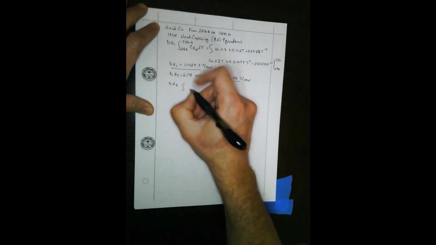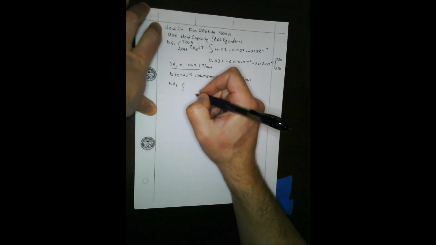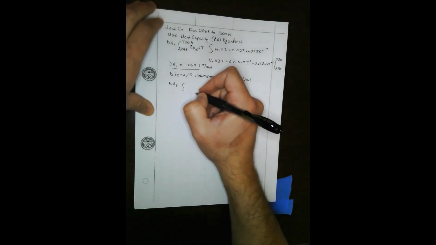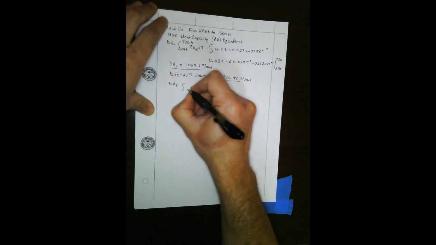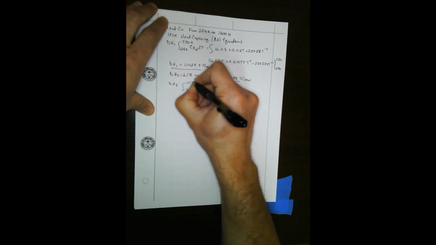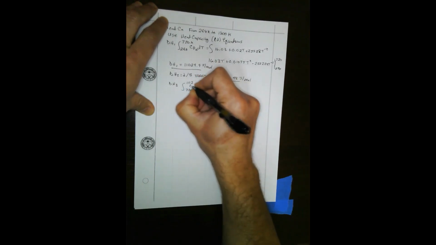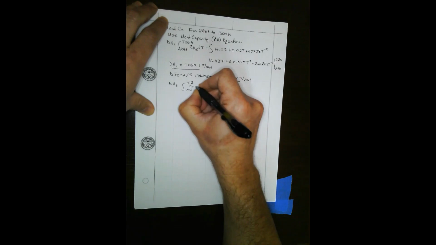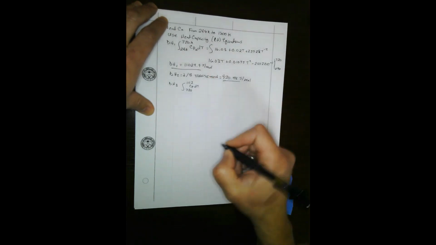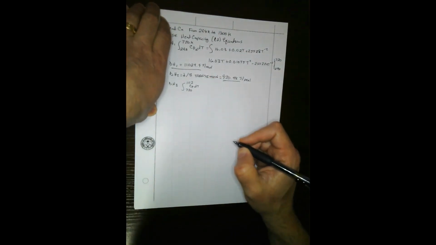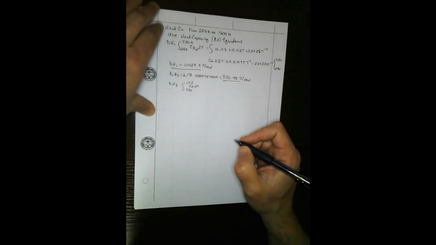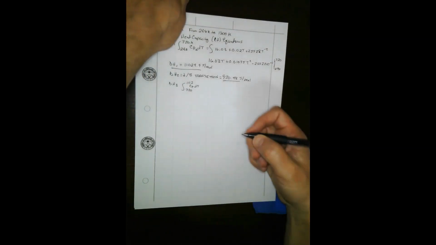Delta H3 is the integral between 720 and 1112 of CP dT. So now we're in the beta phase of our material.